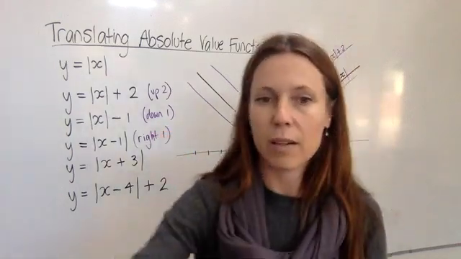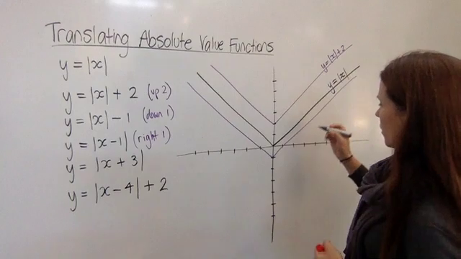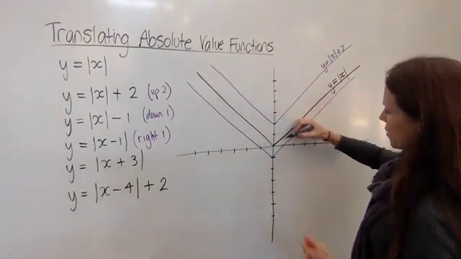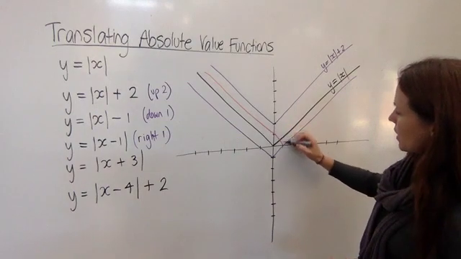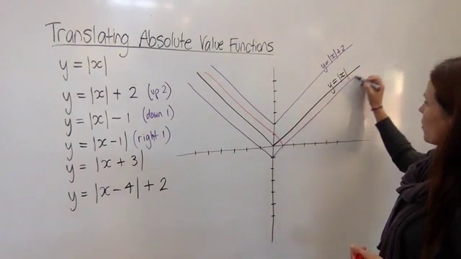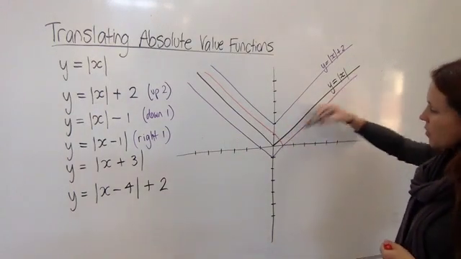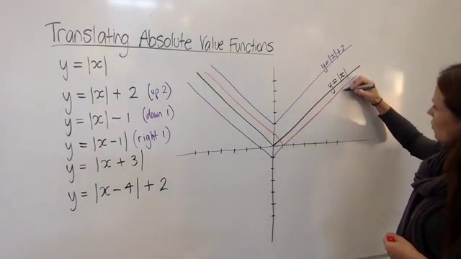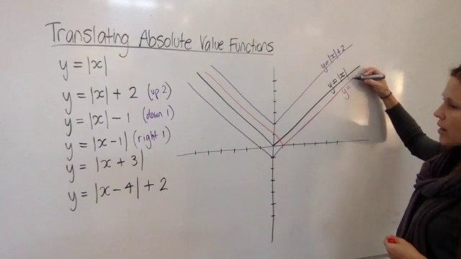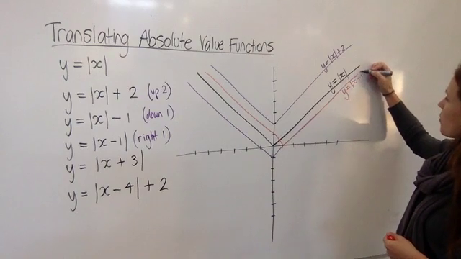Let's draw this one in red. So going to the right 1 unit from where our black one is just going to shift it across 1. So it's going to come over here, and then it's going to sit right on top of this purple one over this side, isn't it? So it's on its own here, but it's definitely sitting on top of something else on this side. That's y equals absolute value of x minus 1.